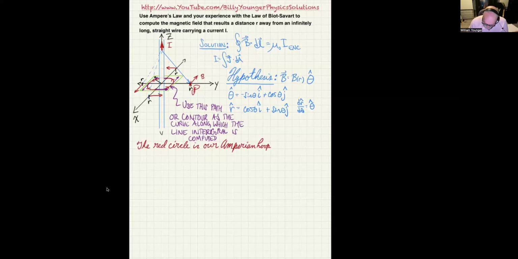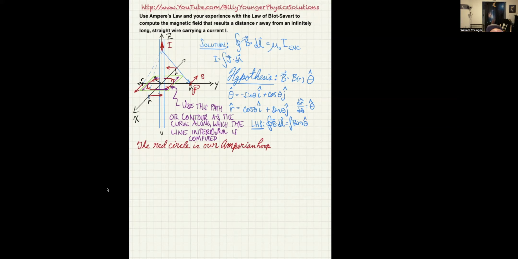So now that we have that, I'm going to go ahead and write out the left hand side. The left hand side of Ampere's law says the closed integral of B dot dl, which equals the integral over that contour I just told you, but now I'm going to plug in B of R. Remember that means B a function of R, not B times R, and it's supposed to be in the theta hat direction.